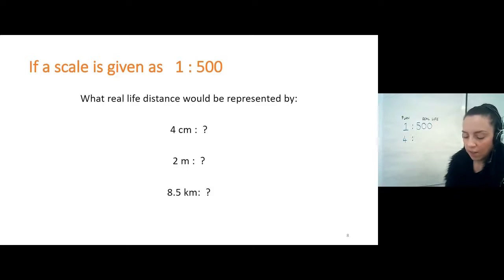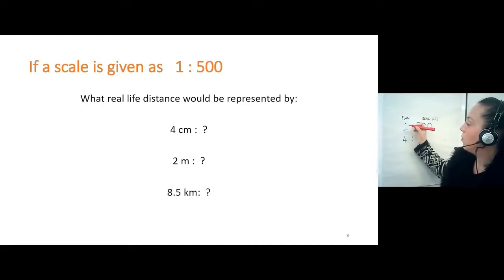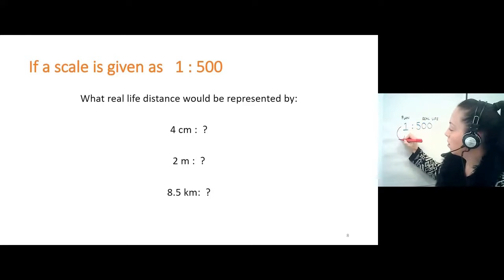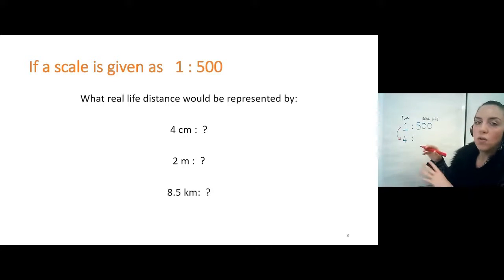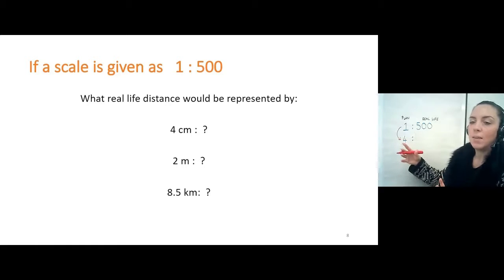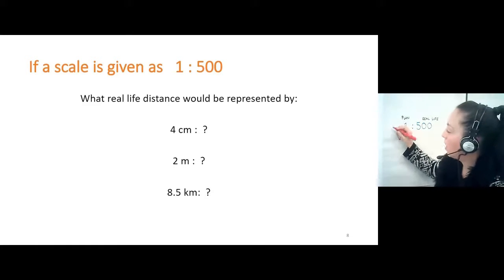Okay, I then need to figure out how much that is worth in real life. So to do that, I look at how much we've scaled up by. So on the plan, we've gone from 1 to 4. So we've increased the plan size by 4 times. Okay.